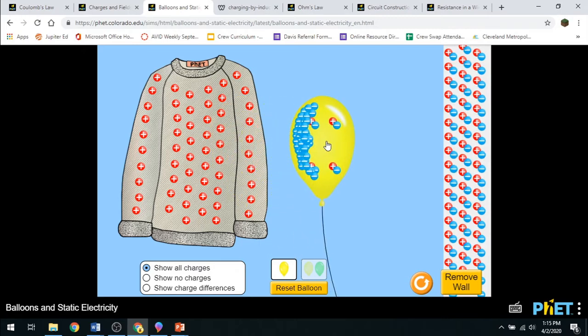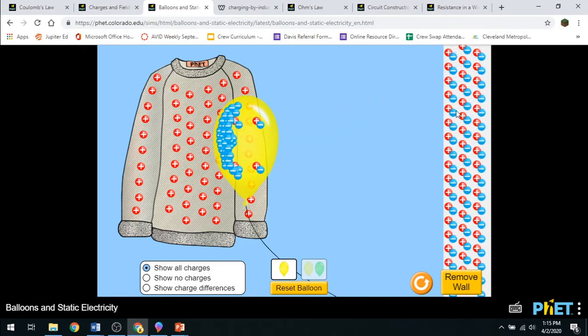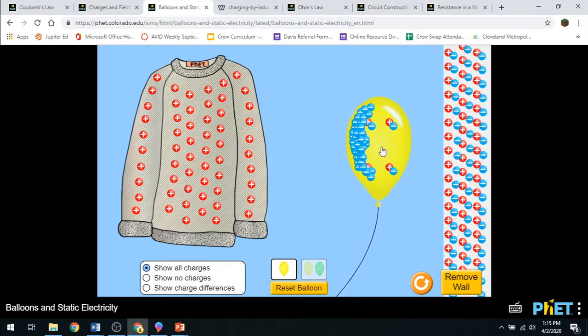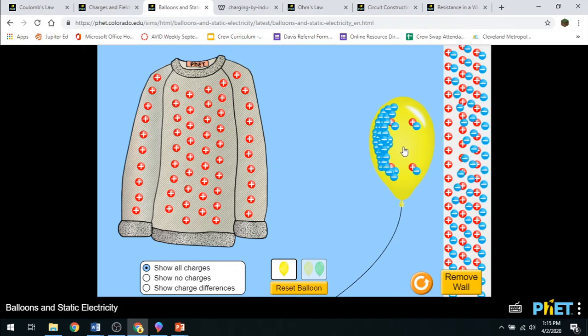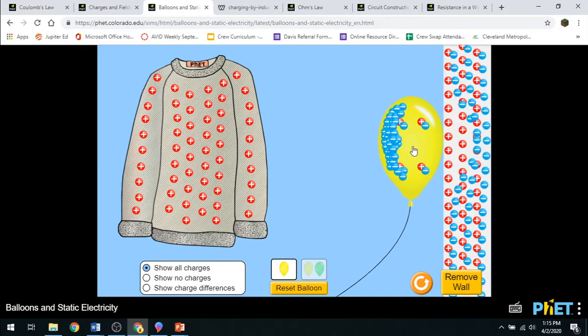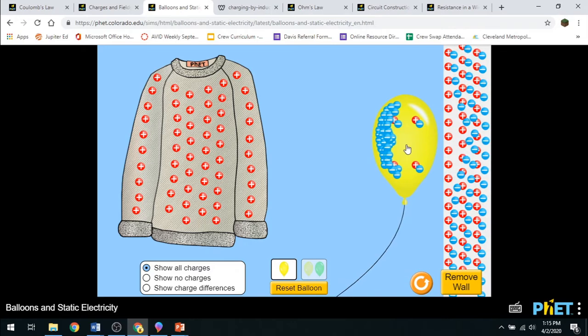Now, there's another way of transferring charge, and it's called induction. So notice what's happening over here on the right side when I move the balloon toward this wall. So this is supposed to be a wall over here. And if I move the balloon over by the wall, all the little blue charges in the wall, they kind of get pushed away. This isn't exactly how it works in the atoms, but essentially all of the electrons are moving, and we call that induction.